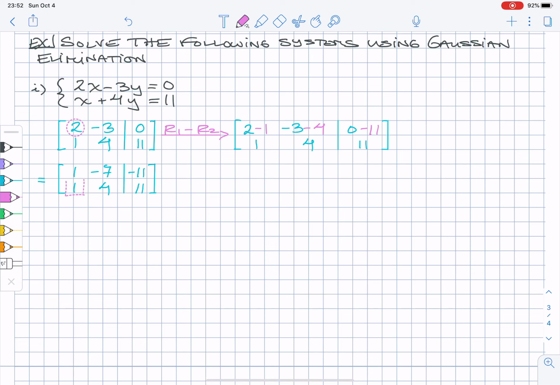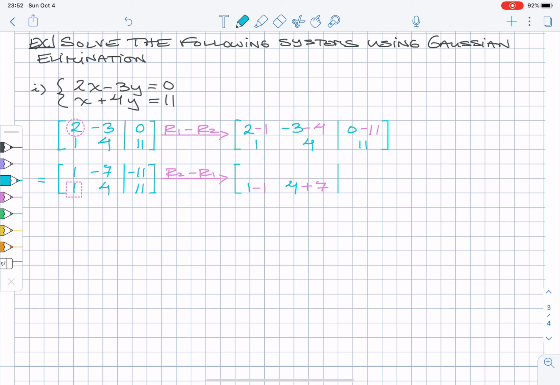this guy right here to go to 0. Right? So to that end, I claim that row 2 minus row 1 will get me that 0. Because 1 minus 1 is 0. Then 4 minus a negative 7 is plus 7.